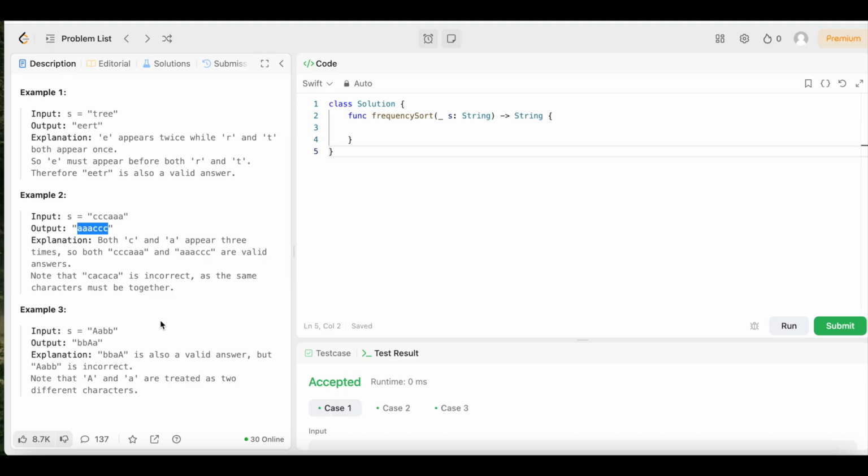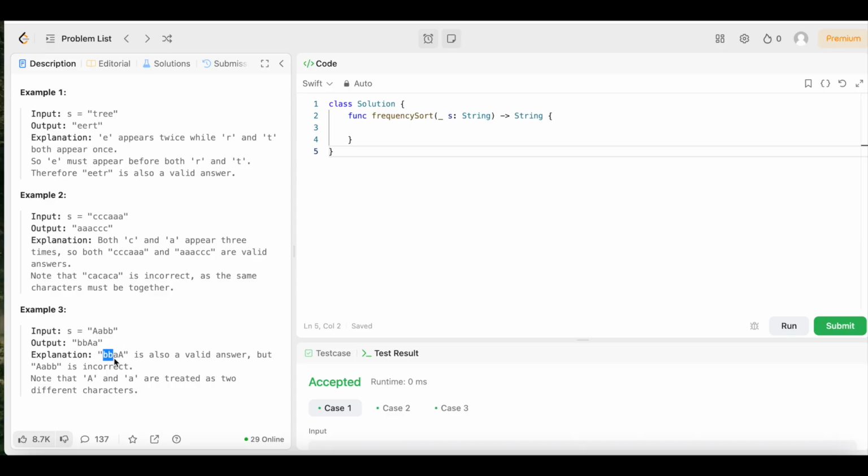So let's take a look at example 3, where it gets tricky again, because now we're dealing with uppercase and lowercase letters. In example 3, we have s equals the string uppercase A, lowercase a, bb. The output is bb uppercase A, lowercase a.